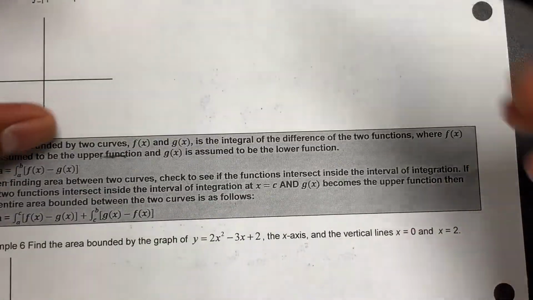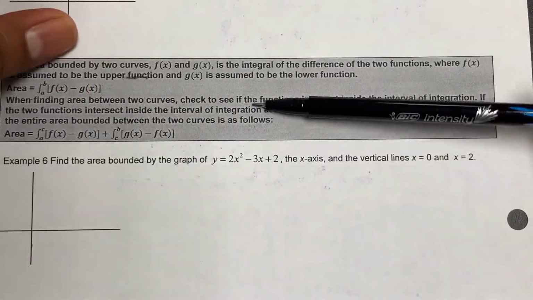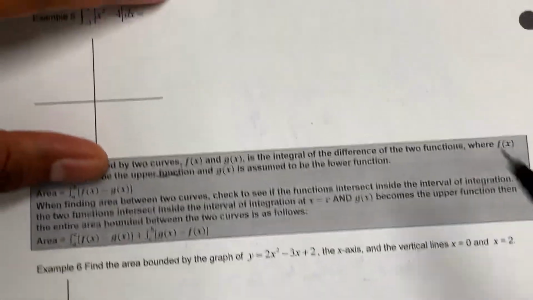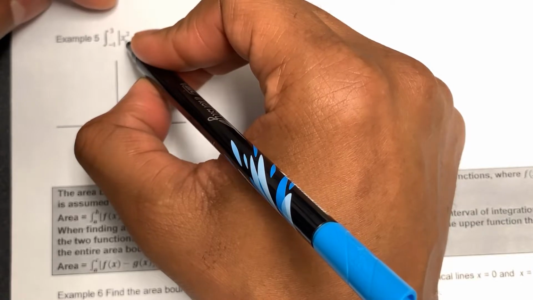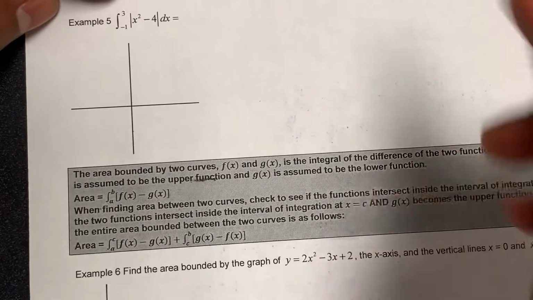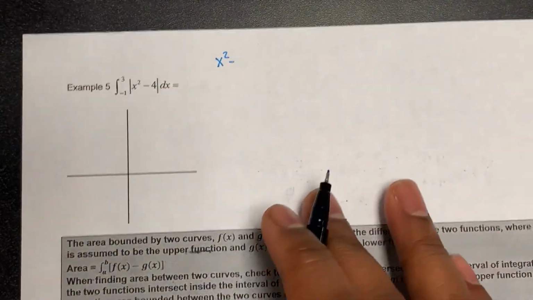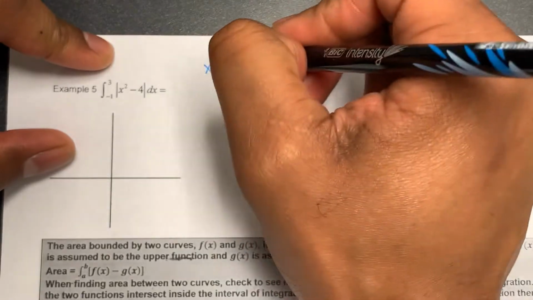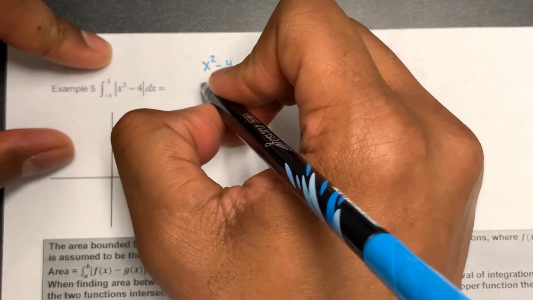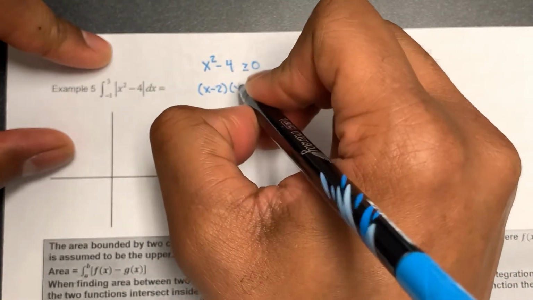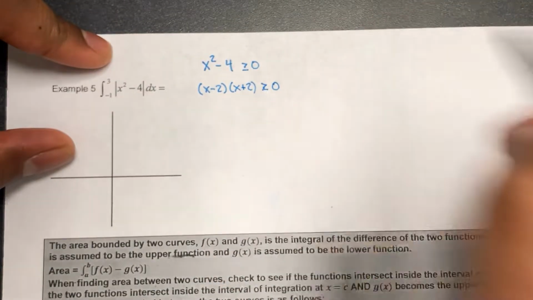Example 5. This will be the last example we do in this video. We'll make a separate video about area between two curves. So example 5. We have the absolute value of x squared minus 4. So for quadratic inequalities, we need to determine where the expression is greater than or equal to 0. Now, this is a difference of perfect squares. x minus 2 times x plus 2 is greater than or equal to 0.